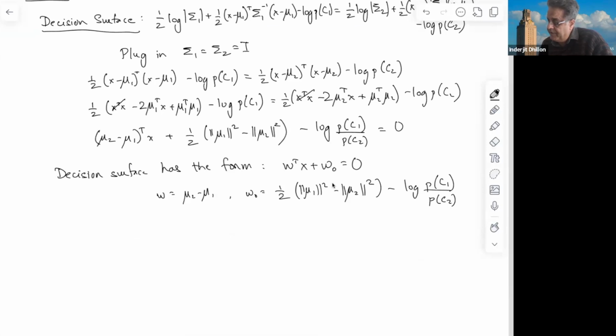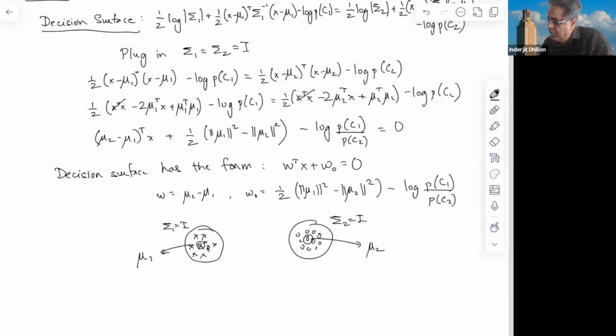Again, you can think of this as having sigma 1 equal to identity, which means it's like a spherical Gaussian, and sigma 2 equal to identity. If I have some point over here, this is the mean of 1, and over here, this is the mean of 2.